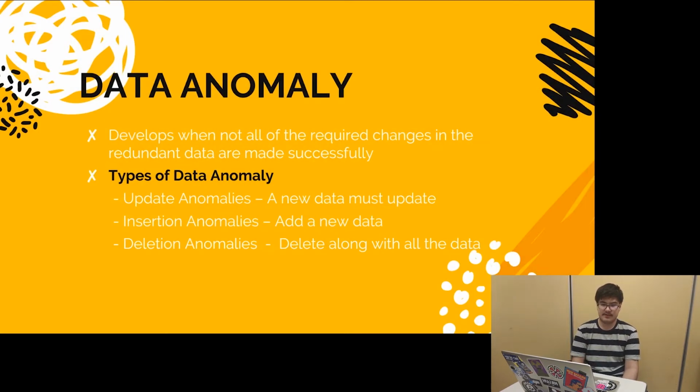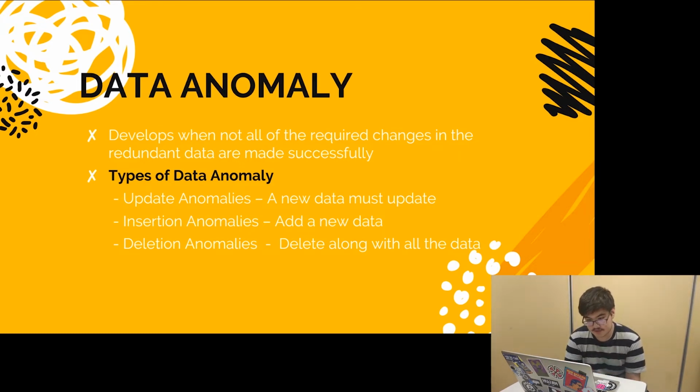The last problem is data anomaly, which develops when not all of the required changes in the redundant data are made successfully. There are three types of data anomaly. The first one is update anomalies, where a record must be updated. For example, a person wants to update his phone number, so the update must be made on the new data.